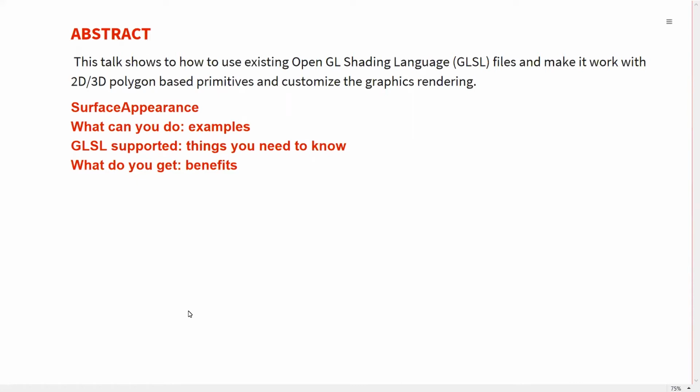But surface appearance allows the user to pass in a piece of code, and the code is defined by the user. So basically the user could decide what the graphics would render, or what it looks like, or whatever you wanted it to do.